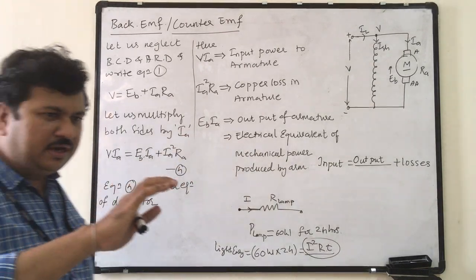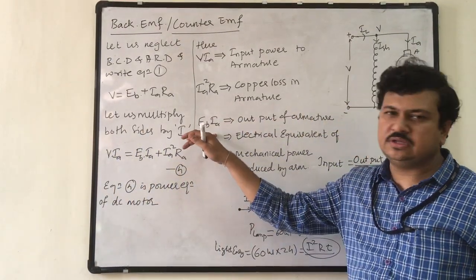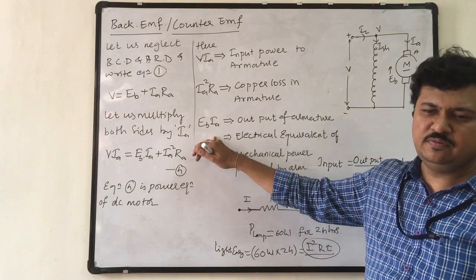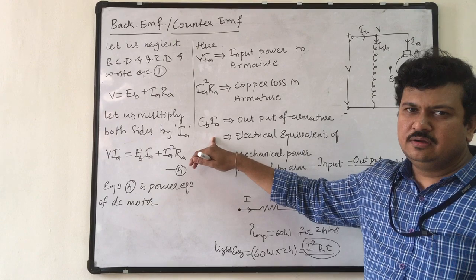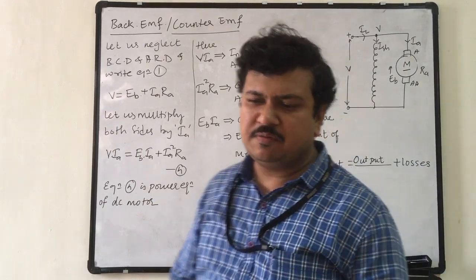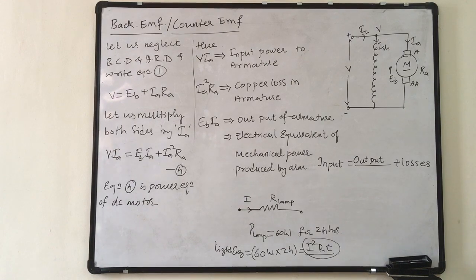Once I find the mechanical equation for the output power, I can equate it to this, which we will do in the next forthcoming topic. So this is the power equation of a DC motor.